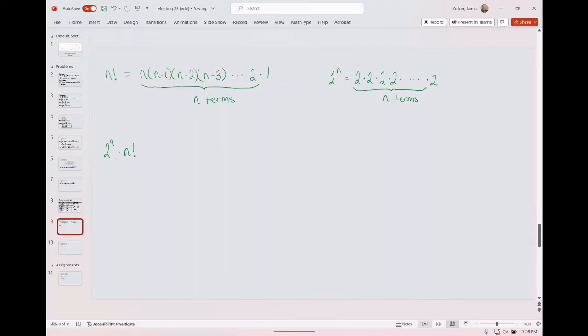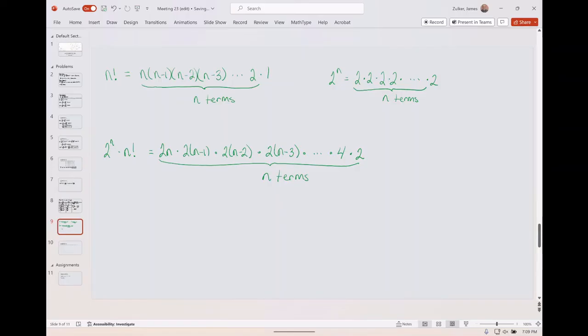Multiply each of those terms by 2. There's still n terms, right?